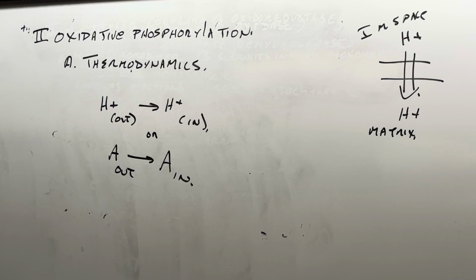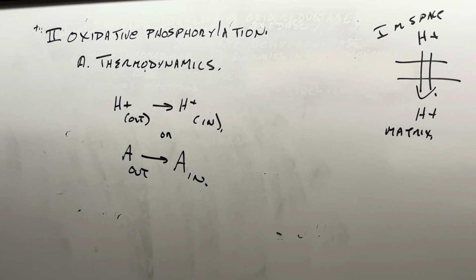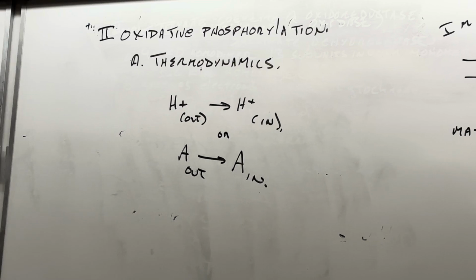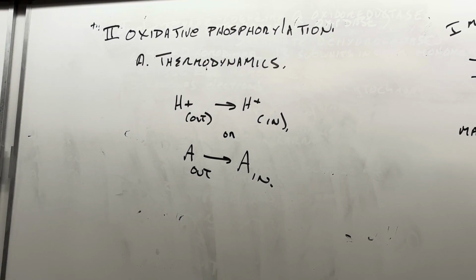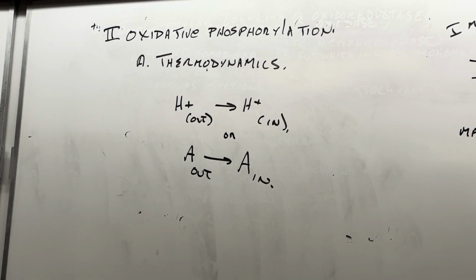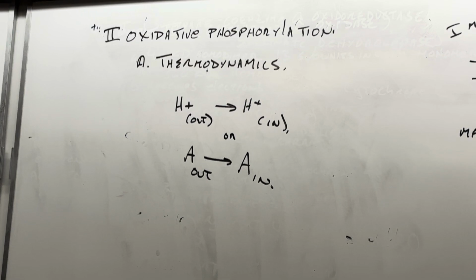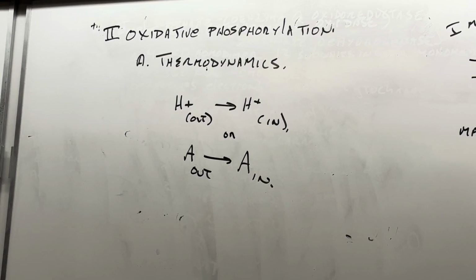So the delta G is going to be RT times the natural log of A in, that's the product, over A out. We don't have any delta G naught prime because it's the same molecule. We're not changing the molecules.